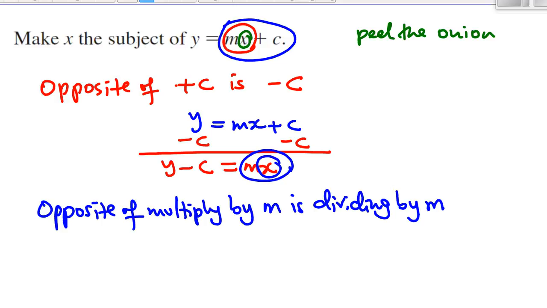So you'll just be left with x. On the left hand side, you'll end up with y minus C over m is equal to x. Because if you divide here by m, and divide here by m, the m's will cancel. So you end up with y minus C over m is equal to x.